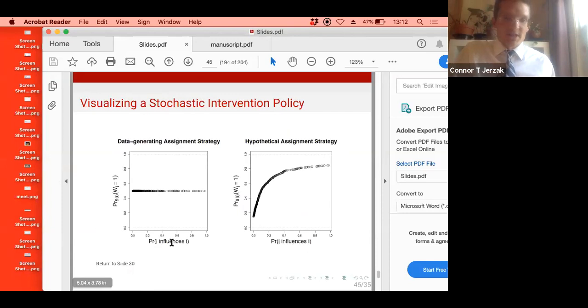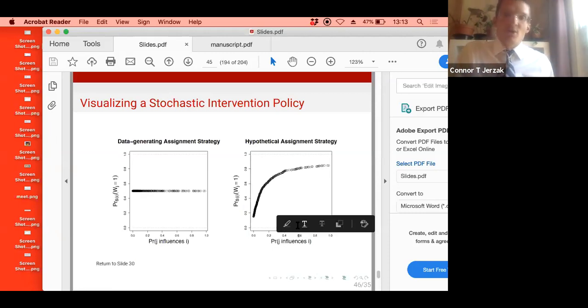So this is an example here. In most experiments, if there's just binomial randomization, then the probability that i influences j doesn't affect the probability that j is treated or not. There's no relationship between influence probabilities and the randomization probability. In the hypothetical assignment strategy that we're going to consider, we can think about upweighting the probability of treatment assignment for likely connections and downweighting it for unlikely connections.